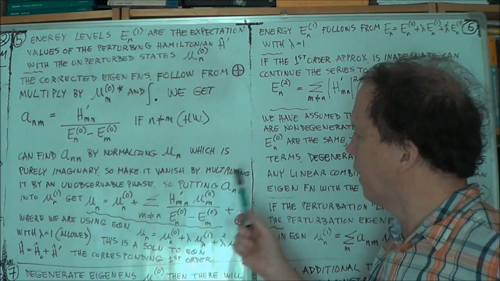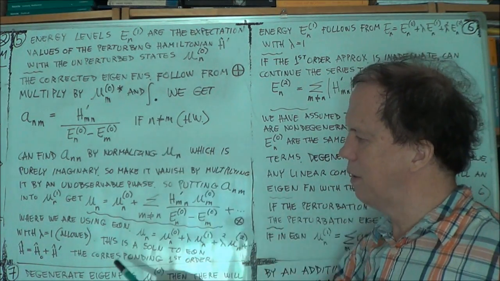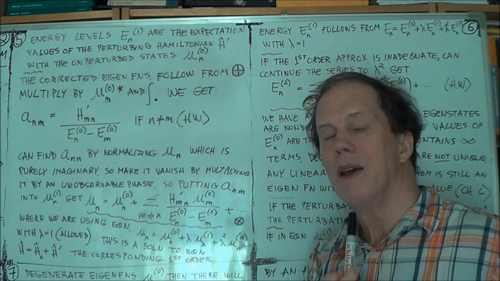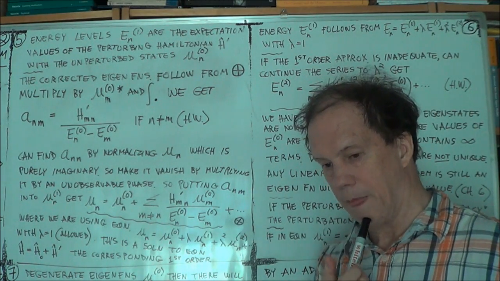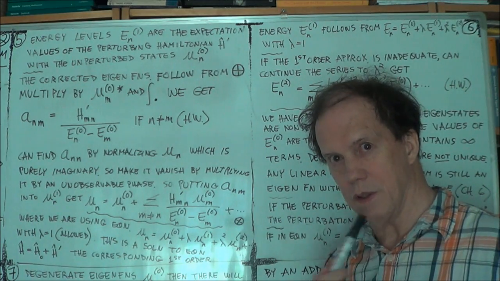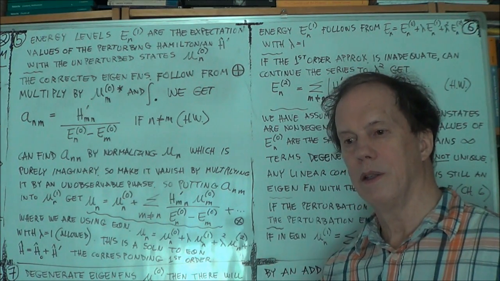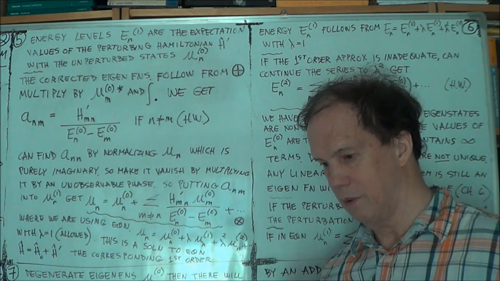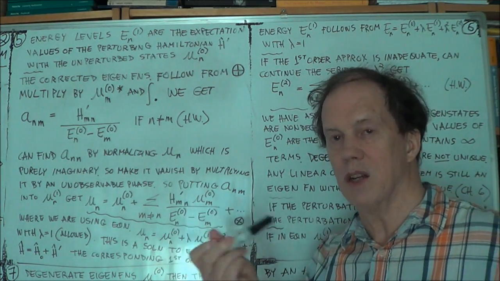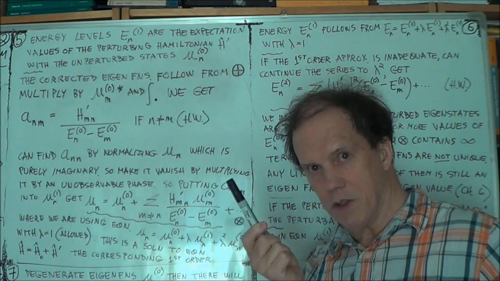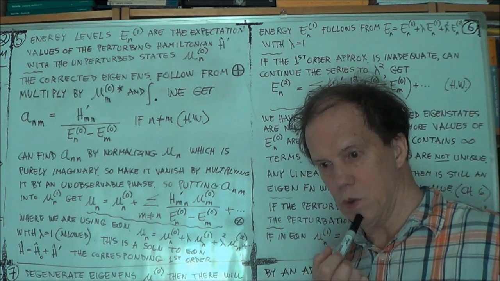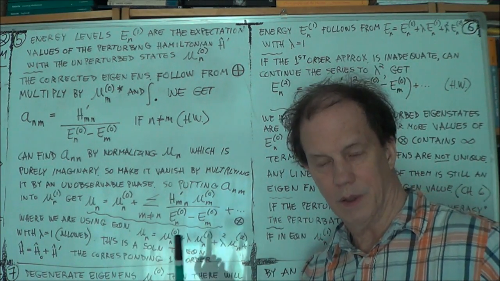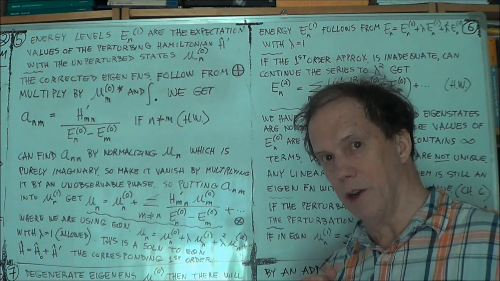We've been assuming implicitly, in the theory that we've been deriving, that the eigenfunctions, the UN, are non-degenerate. Remember, we've done this several times, again, revision. What is degeneracy? Two eigenfunctions are degenerate if what? If they have the same eigenvalue.